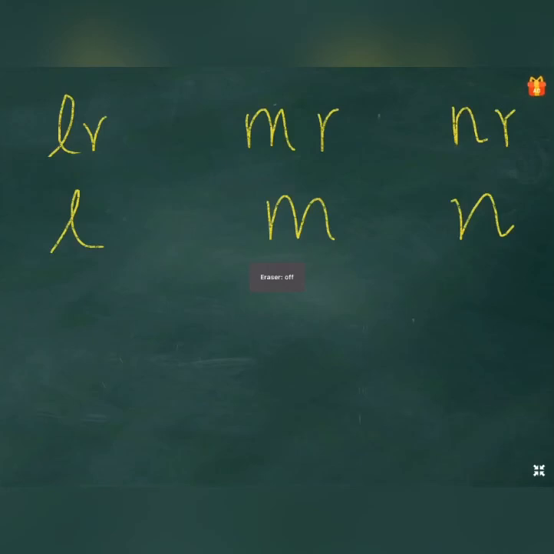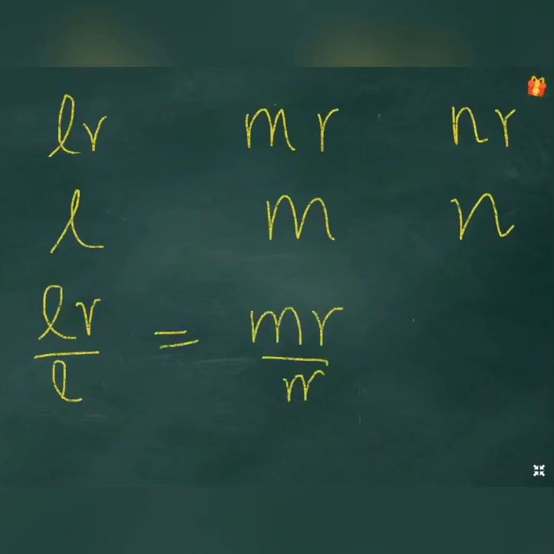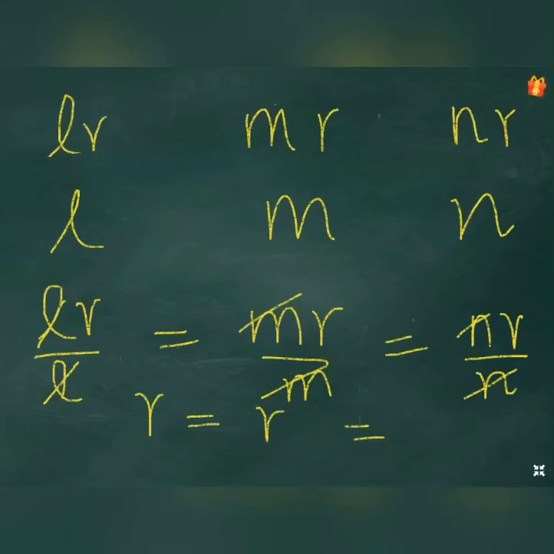Let me show you how they are proportional. lr by l is equal to mr by m is equal to nr by n. If we cancel l and l, m and m, and n and n, we get r is equal to r is equal to r.